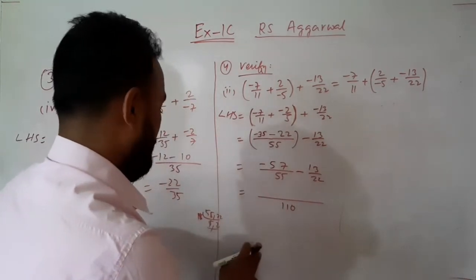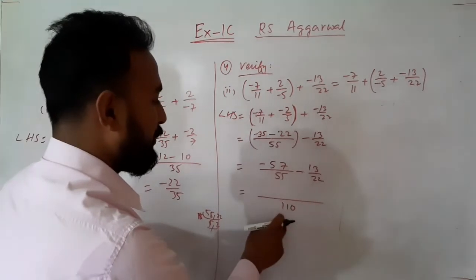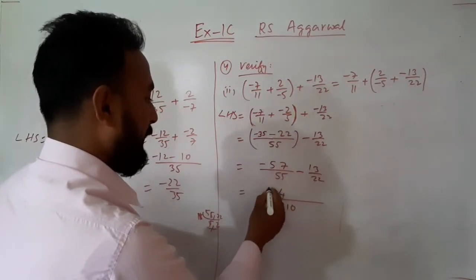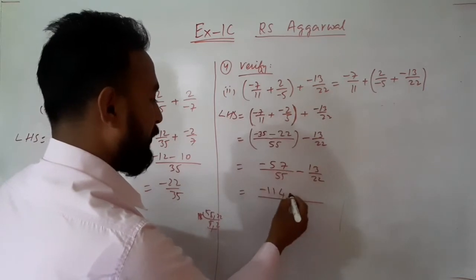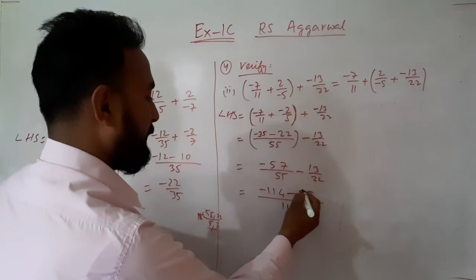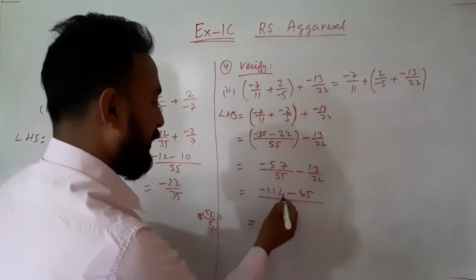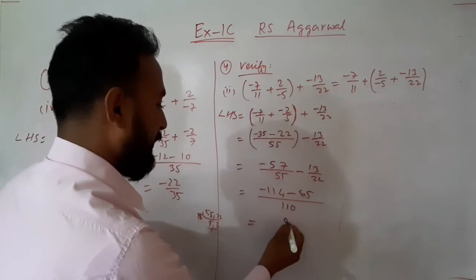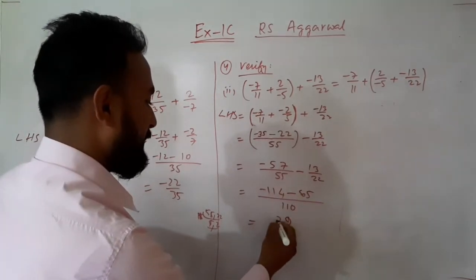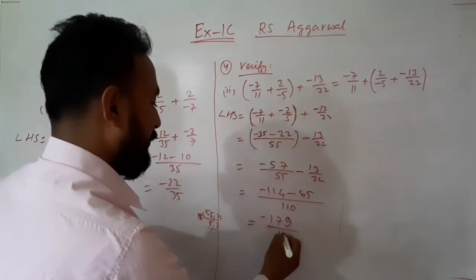So the LCM of 55 and 22 is 110. 55 2s, 2 7s are 14, 2 5s are 10, 1 11, minus 114, minus 5 13s are 65. So let's add this, because both numbers are in minus sign. 5 plus 4 is 9, and 1 plus 6 is 7, put the minus sign, 110.